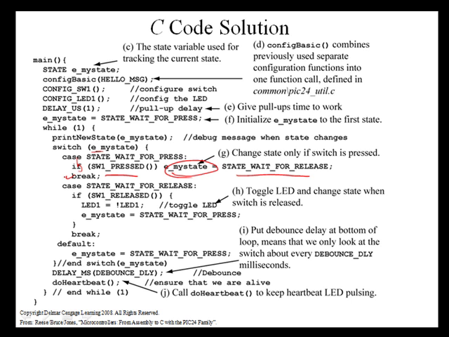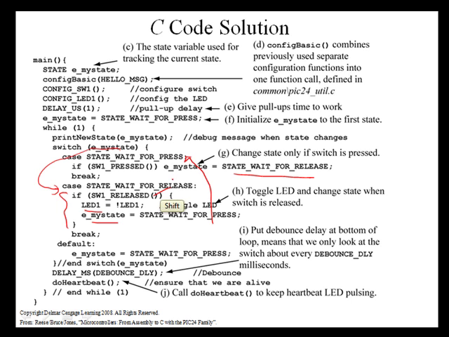We're then going to hit this break, go to the end of the switch statement, do our delay, go back up to the top. Now at this point, we've changed our state to state wait for release. So when we execute this switch statement, we're going to execute this case statement right here, which says, okay, if the switch is released, then we want to toggle our LED and again change our state back to this state here.